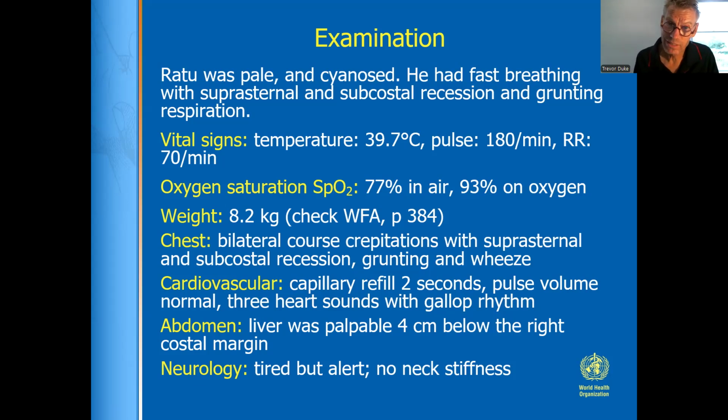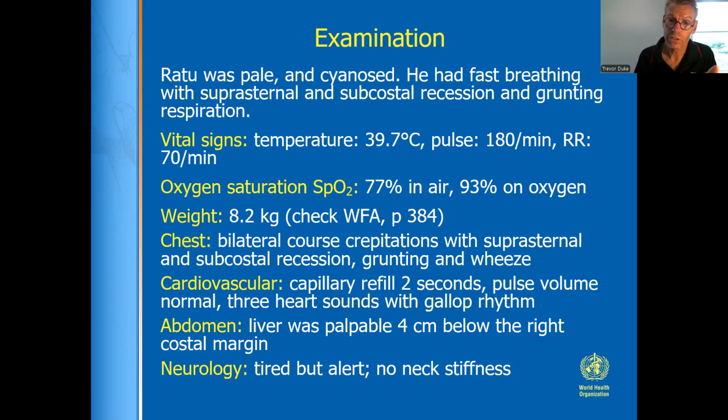So again, he's tachycardic, he's got a Gallop rhythm, which implies that his heart is working fast, and his liver was palpable 4 centimeters below the right costal margin. So already we're starting to think that Ratu might have some signs of heart failure. He's got tachycardia, he's got a big liver, he's got a Gallop rhythm.